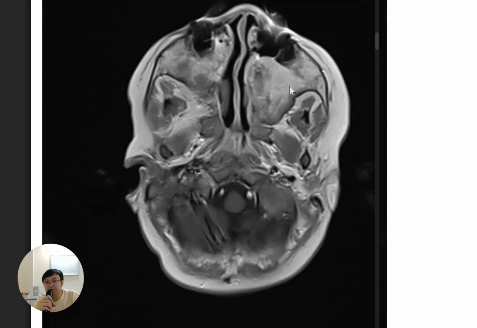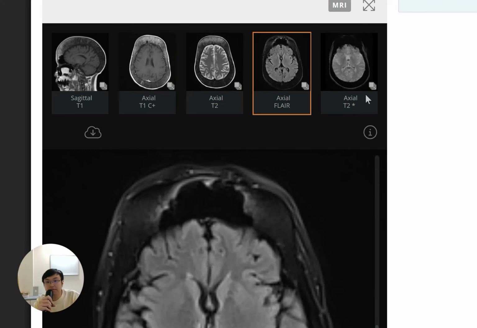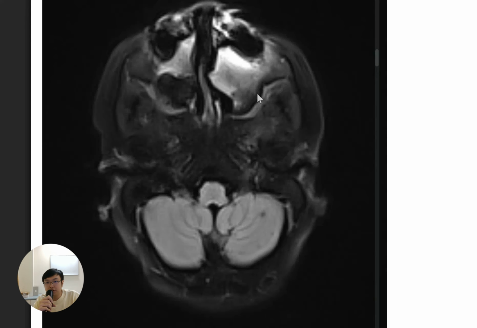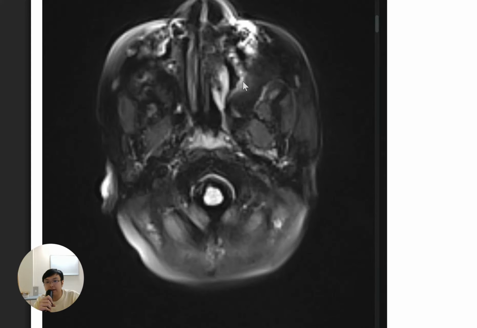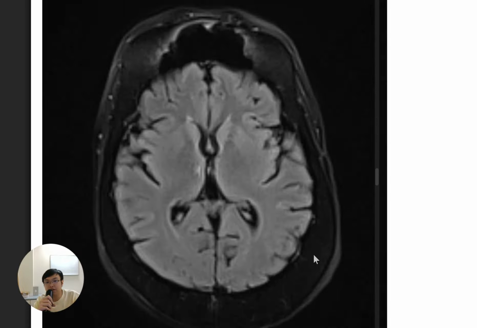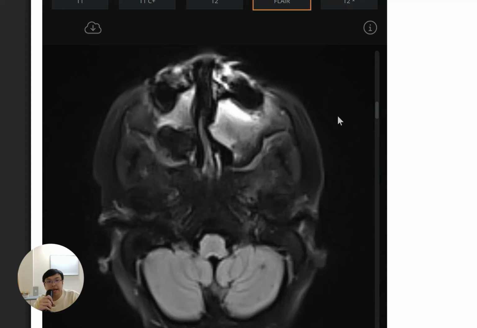They are actually bone marrow signal, not usual retention changes. As you can see, they are attenuated in fat saturated sequence, just like other normal marrow. So they are not retention changes, so be careful in the interpretation.